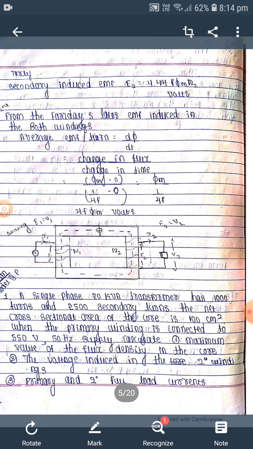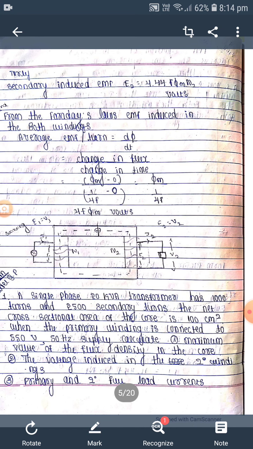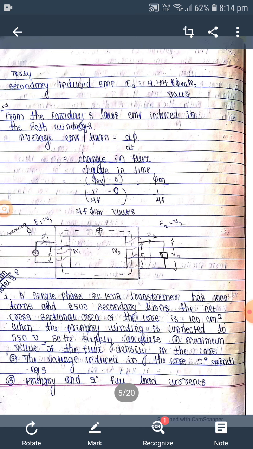When the primary winding is connected to a 550 V, 50 Hz supply, calculate the maximum flux and the flux density in the core. Then the secondary induced EMF, and then the primary and secondary load currents.